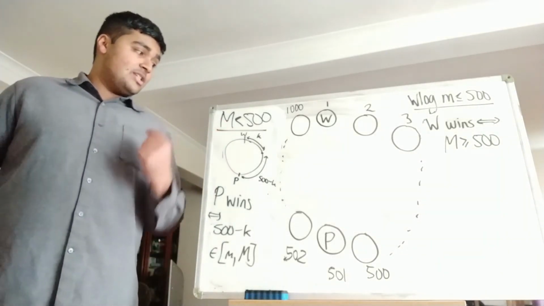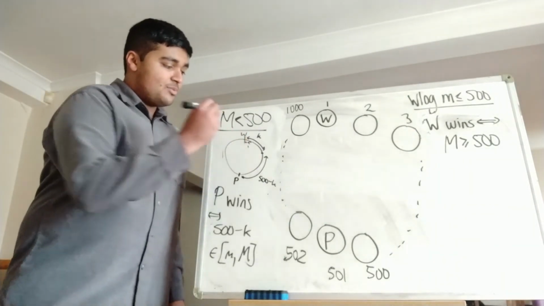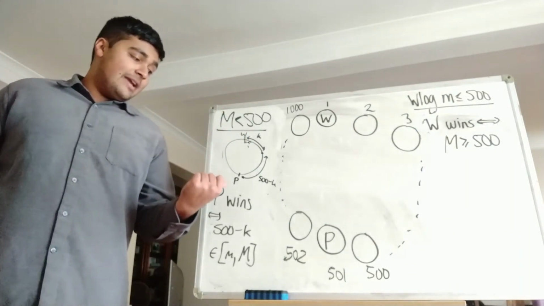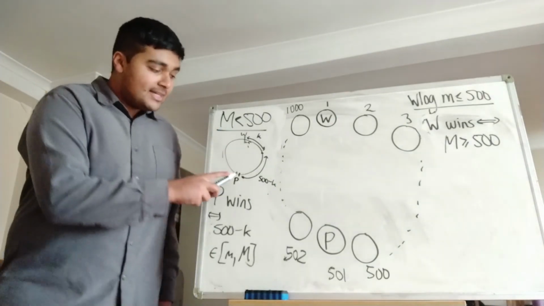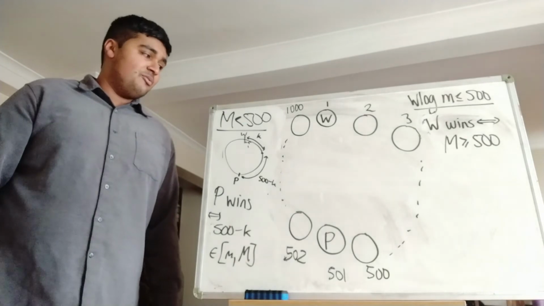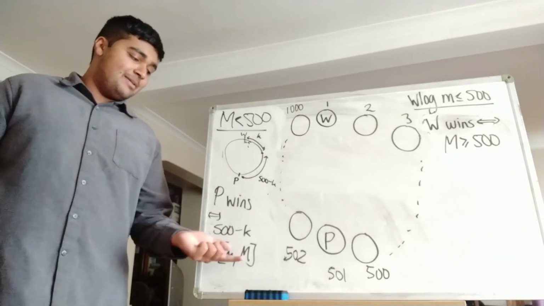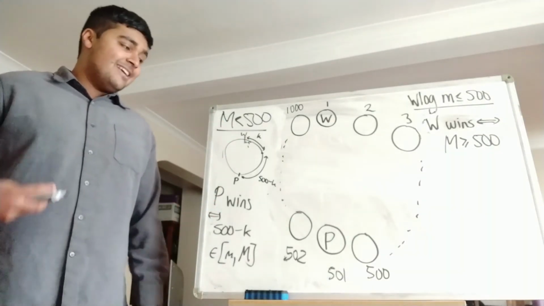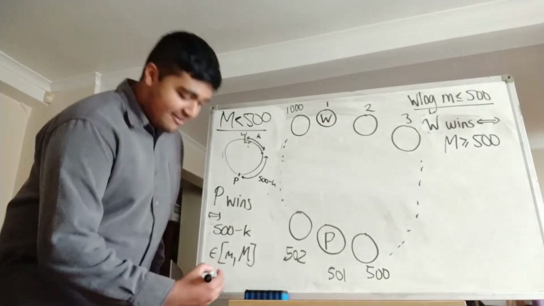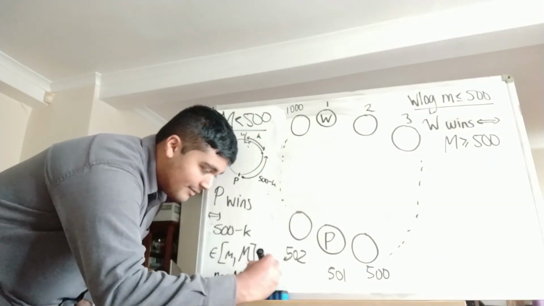Now, if Wenjie moved just one across, then the only way Paul could win is if capital M was 499, and then Paul could move 499 and move there. So it's clear there are limitations to what little m and big M can be, but if you examine this in more detail, you'll see that Paul can win if and only if little m plus big M equals 500.